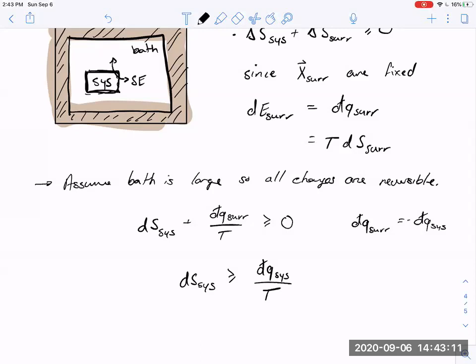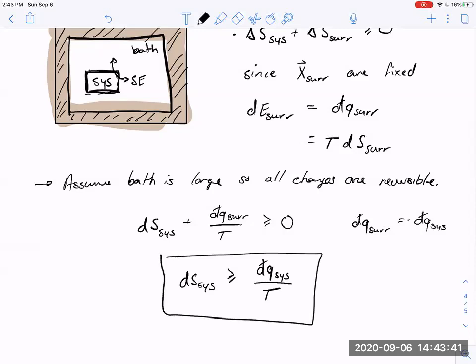So now we have arrived at a statement that just has system information in it. It says that a consequence of the second law in terms of a system that can exchange energy with its surroundings is that the corresponding change in the entropy of the system has to be greater than or equal to the heat released by the system divided by the temperature of the bath into which it releases that heat.